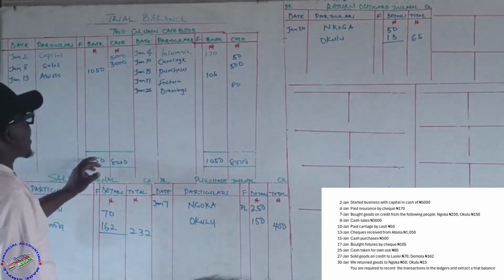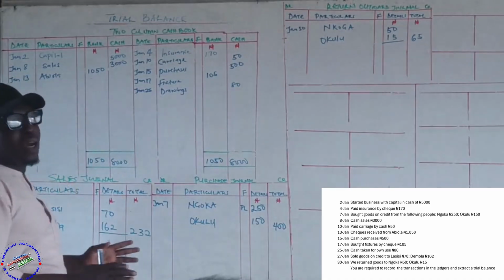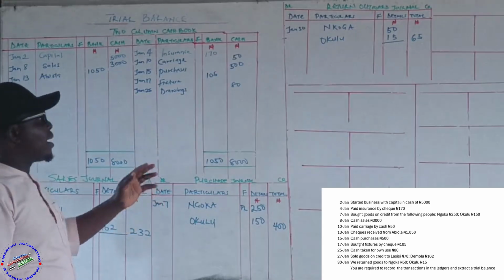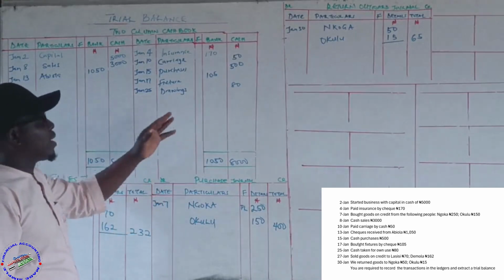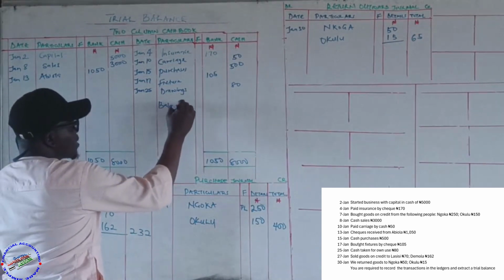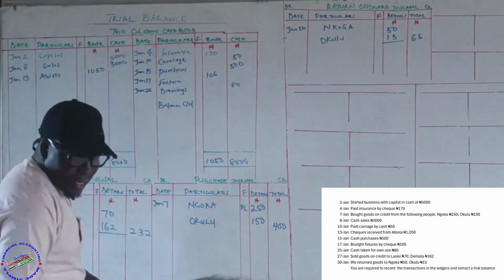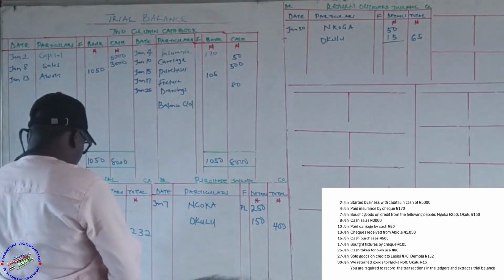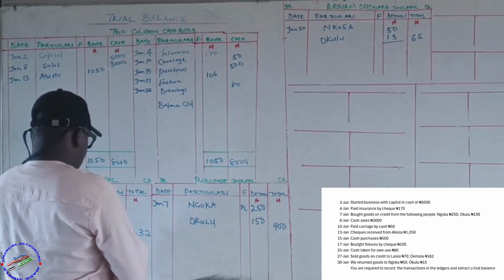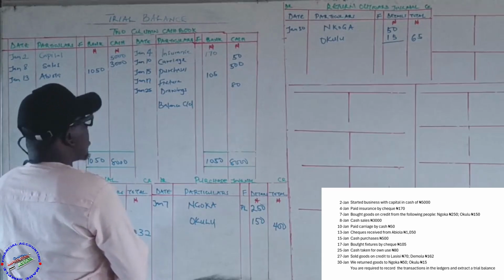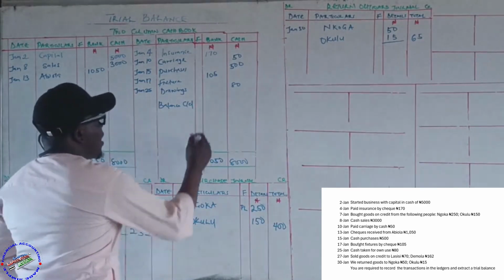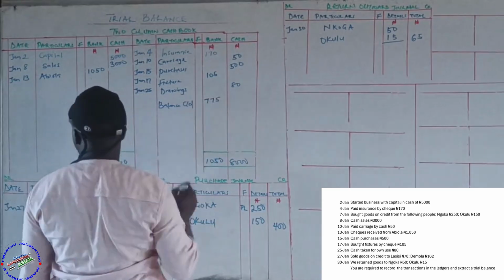So even though this side is greater than this side, all we need to do now is to look for the difference between the two totals and insert the difference on the credit side. So on the credit side, we have balance carried down. So the balance carried down is going to be 1,050 naira minus 170 minus 105. So we are going to have 775 as our balance carried down.